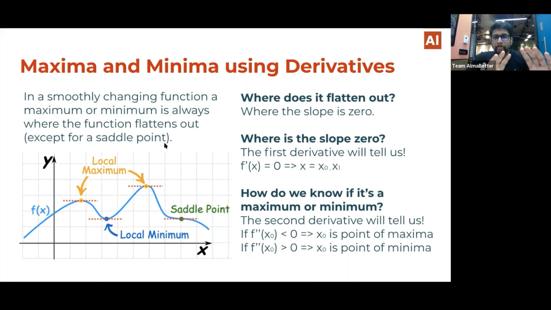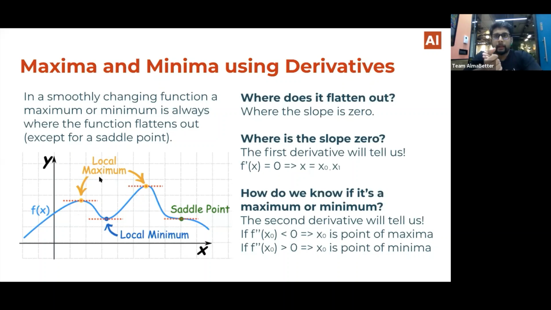But what is a local maximum or local minimum then? Every curve has its ups and downs. There may be many local maximums and local minimums in a particular function, but the global maximum and global minimum can only be one.